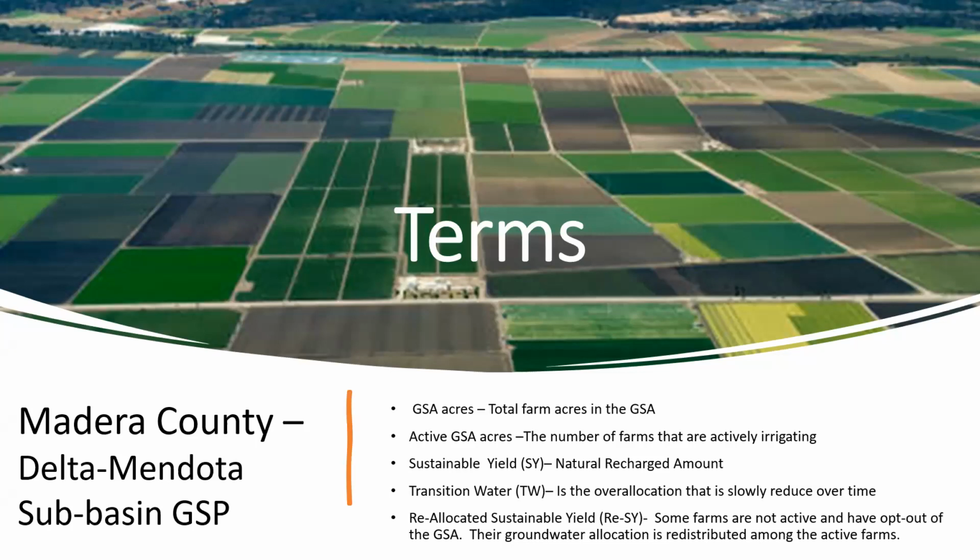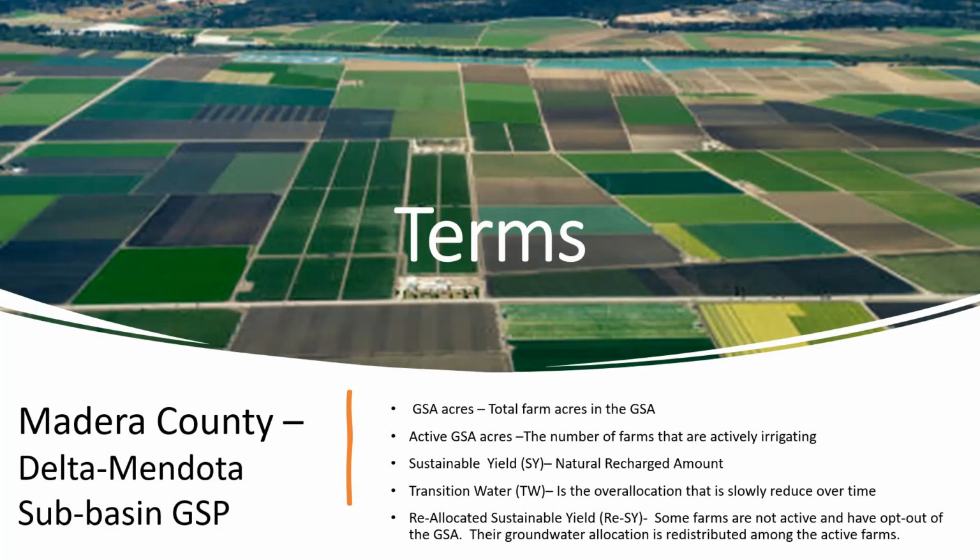You have what's called your sustainable yield. That's the amount of water that is actually recharged into the groundwater each year that can be withdrawn for farming and be sustainable without the water table dropping. You have your transitional water, which is actually the over allocation, and that has to be reduced to 0 over time. So that's the amount of overdraft that's happening.